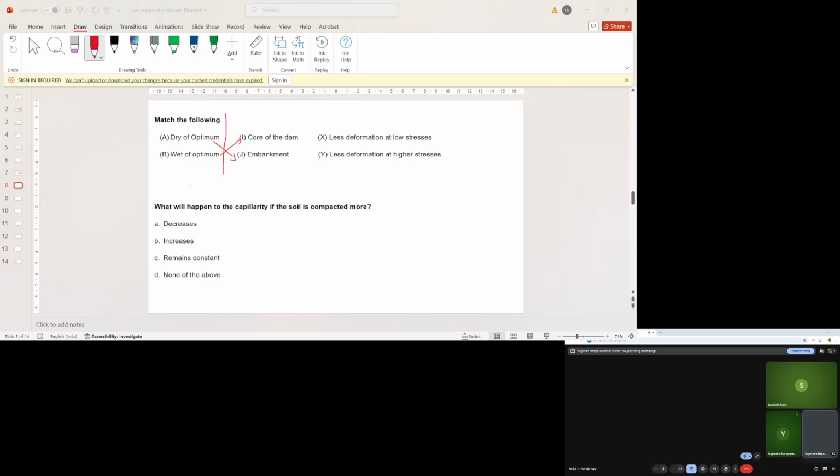So compaction is going to reduce e, which in turn is going to increase Hc, right? So the right option is option B. Yes, sir.